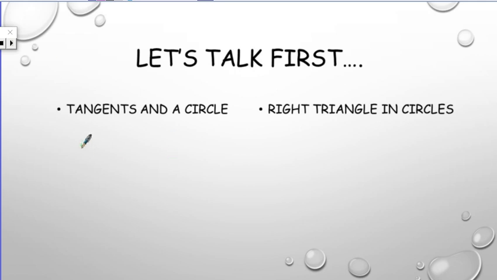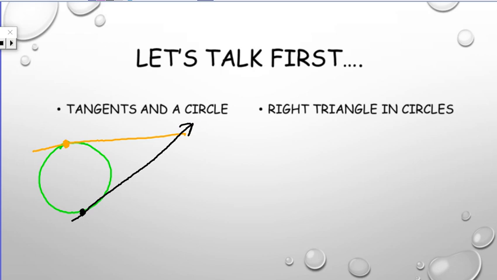Okay, so let's do a quick way to look at tangents in a circle. What happens if I have two tangents that intersect with each other? I'm going to draw two points of tangency, and I'm going to make these two intersect with each other. Here's where the two intersect.